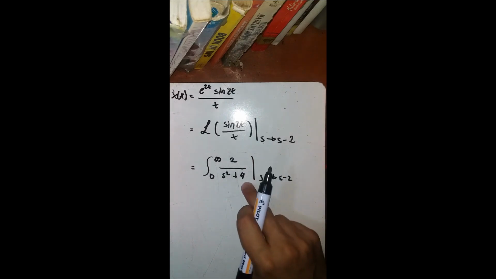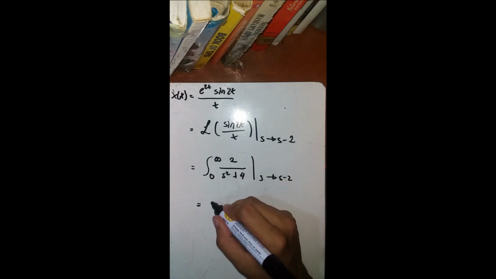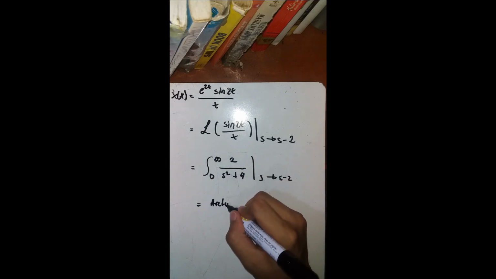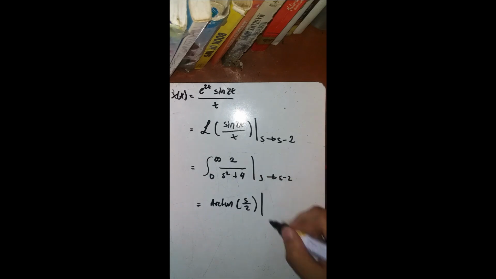So the integral of this, since it's the reciprocal, will become arctan of s all over 2, with respect to 0 to positive infinity, plus s will be equal to s minus 2.